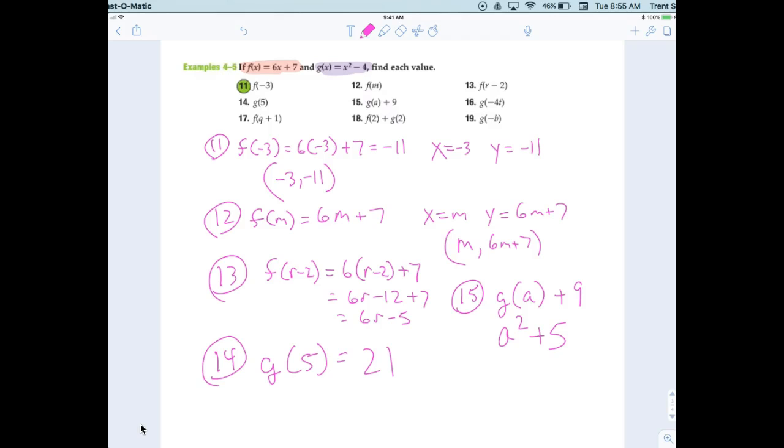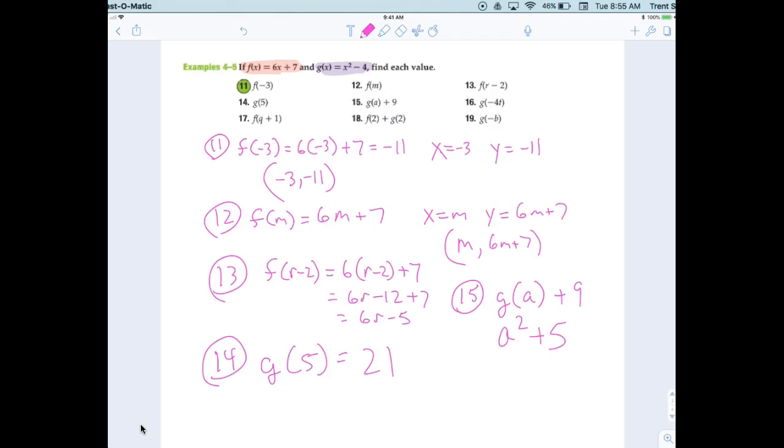Everybody's got that. No? All right. Tell them how you did that. Well, because the 9's not in parentheses. It's like for the one where it was r minus 2, they were both in parentheses. So I guess I thought that 9 would be added after. That's exactly correct. You add 9 after you plug in what?